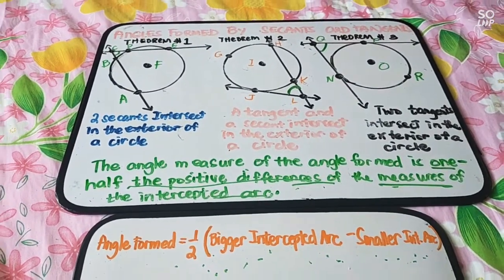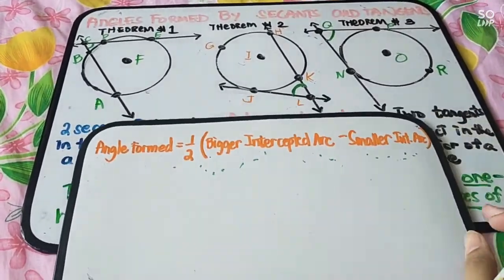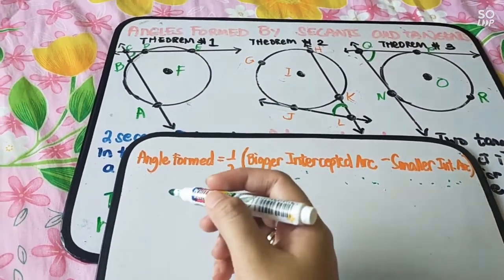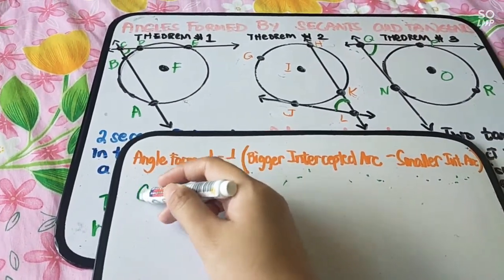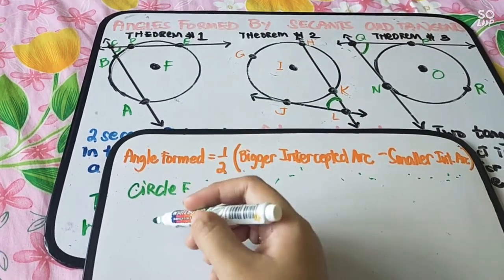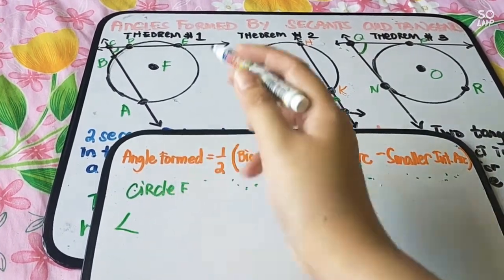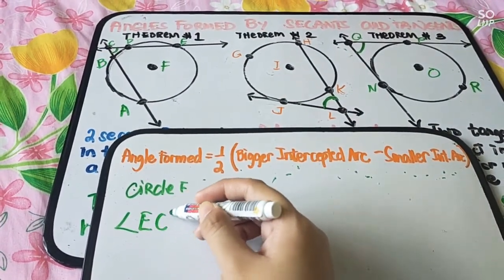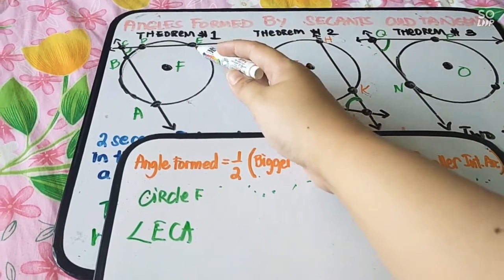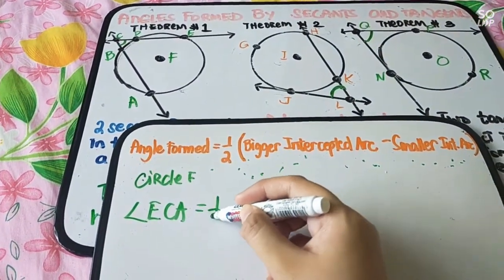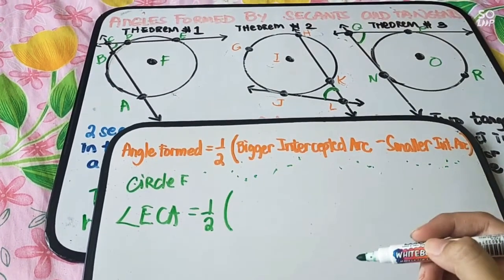Let's make an equation for it. For us to find the angle formed, our angle formed in circle F, let's go to circle F first. Our angle formed there is angle ECA. ECA. This is it. So, it is equal to 1/2 of the bigger intercepted arc.